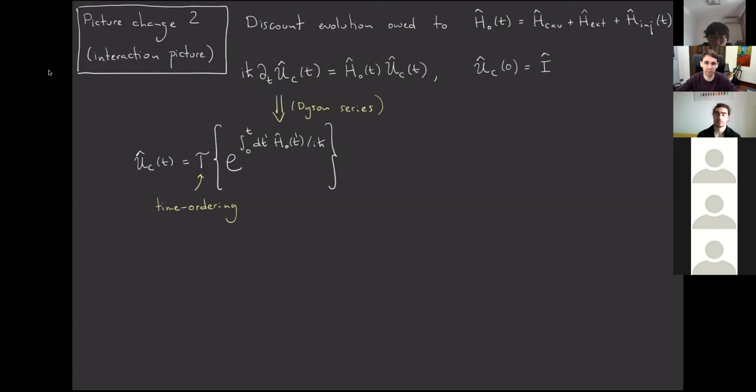So whenever you have time-dependent Hamiltonians, which happens most of the time because you always move to a picture in which we discount part of the evolutions and at the end the Hamiltonian becomes time-dependent, you always get this kind of time evolution operator. In our case, it's especially simple to write down because we know the explicit time dependence of the Hamiltonian.